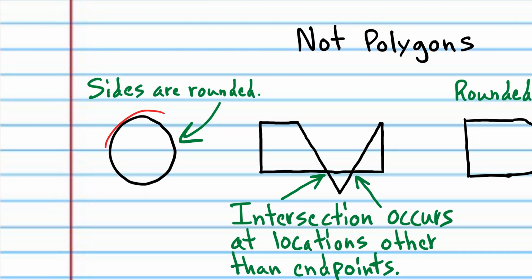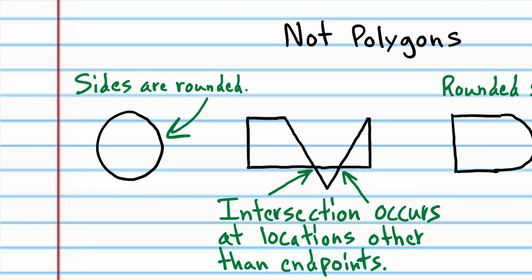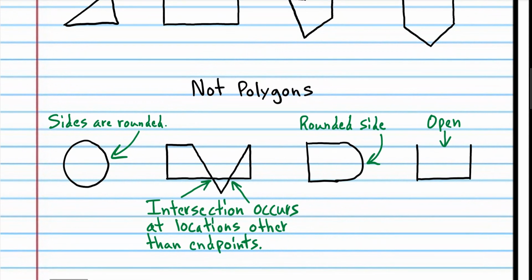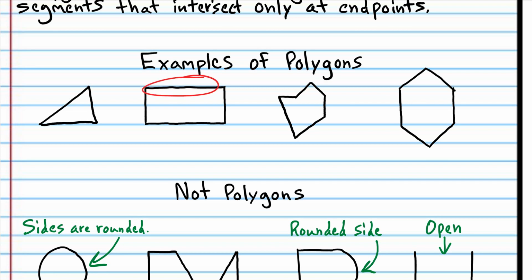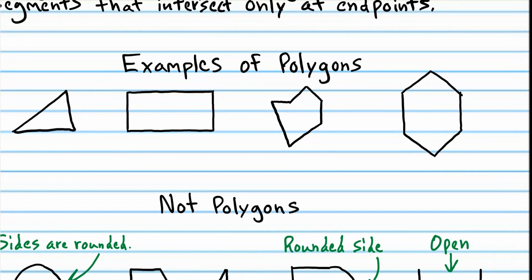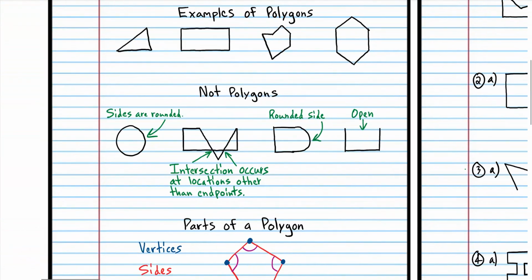And this is not a polygon because the sides are rounded. So these are polygons because all of the sides are segments and they intersect only at the endpoints, and the segments combine to make a closed figure.